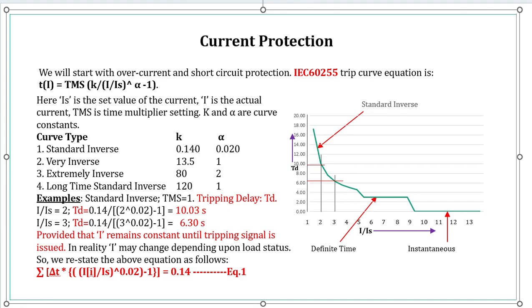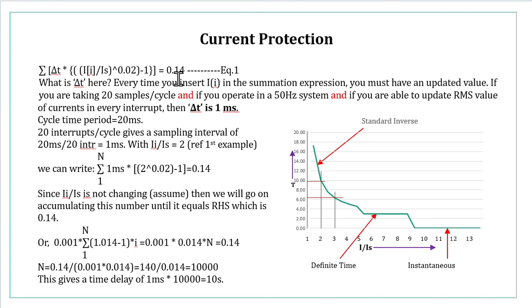Then we go over to the next. What is delta t here? Every time you insert I in the summation, this is the summation we are doing, you must have an updated value.